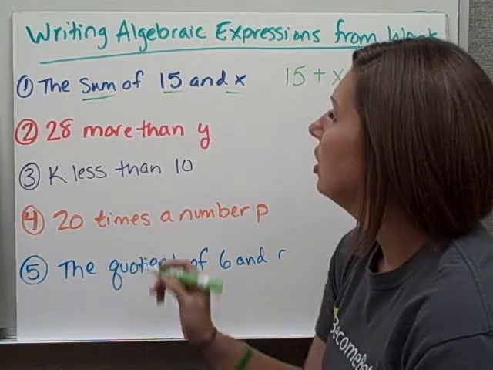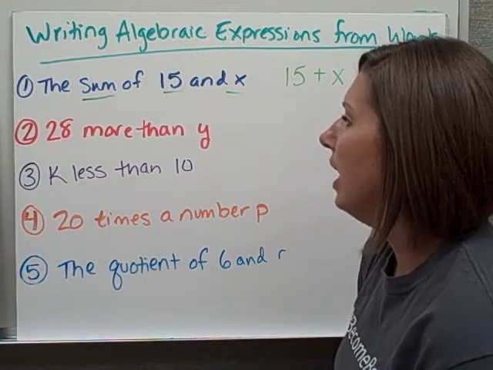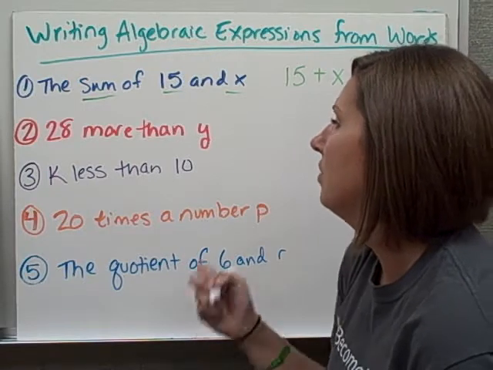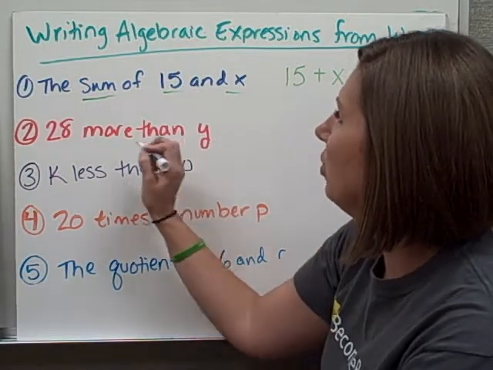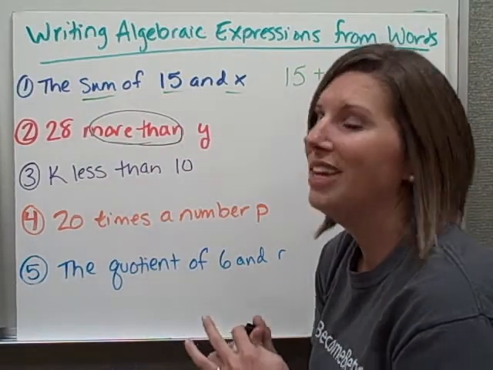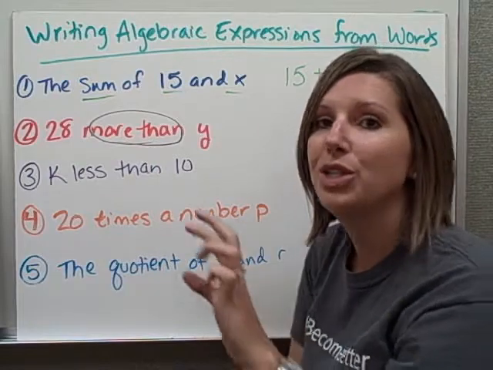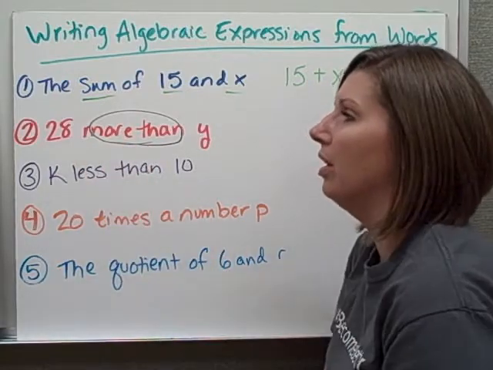Number 2, 28 more than y. So now you see the words more than. When you see these two words, that's going to be a signal in your brain to reverse the order.